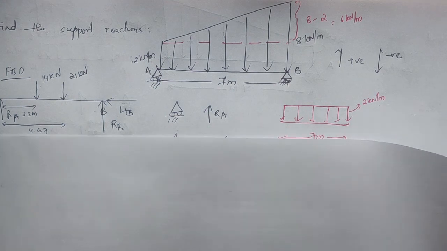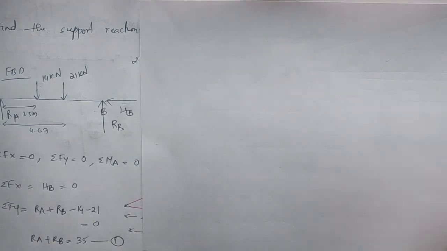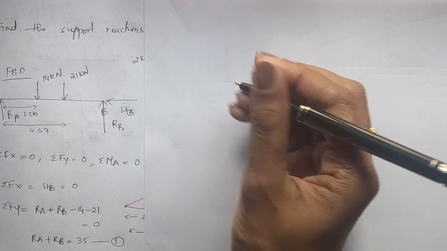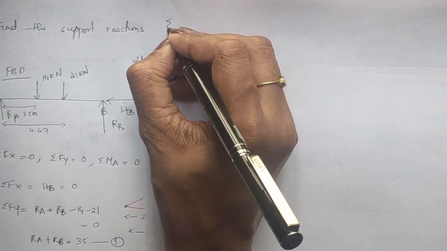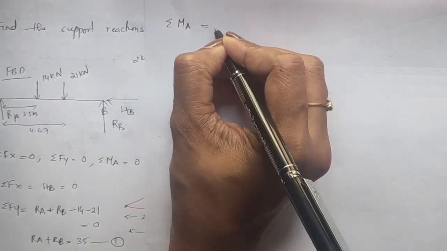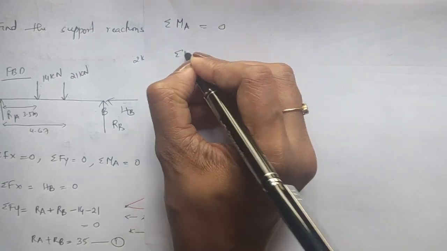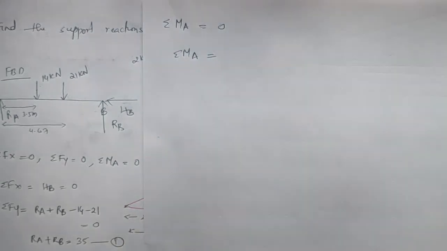Now to find the moment, the step is you have to take sigma MA is equal to 0. So first you have to write sigma MA, right?